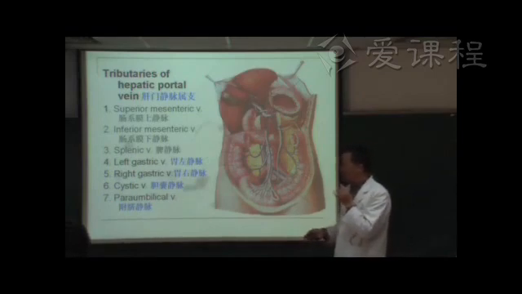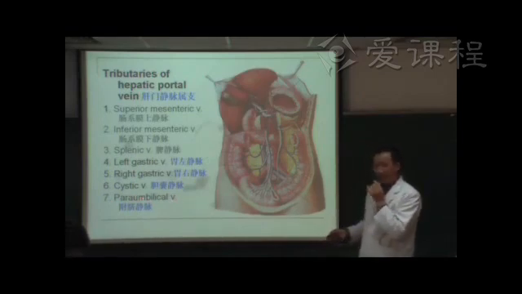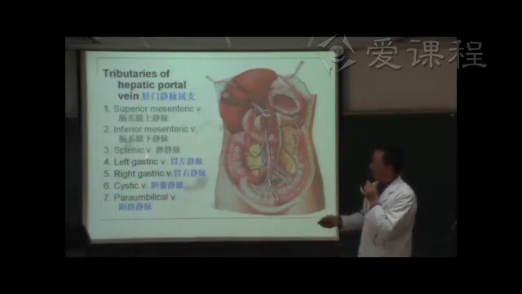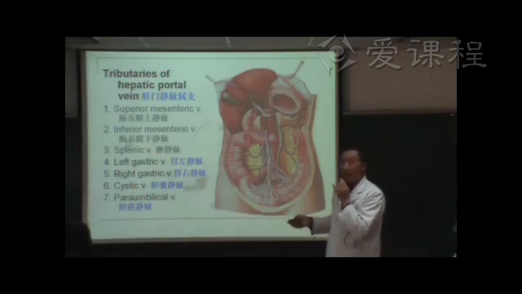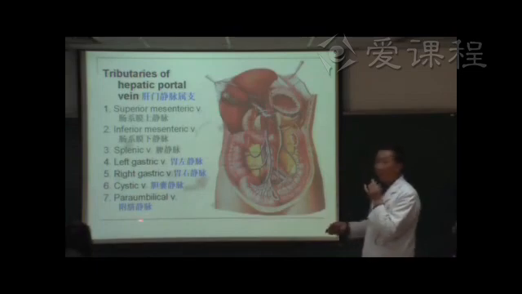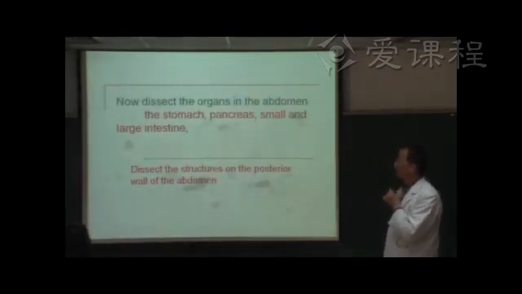Read this name, please. Paraumbilical vein. Yes, these veins accompany their own arteries. This is a new name for you.